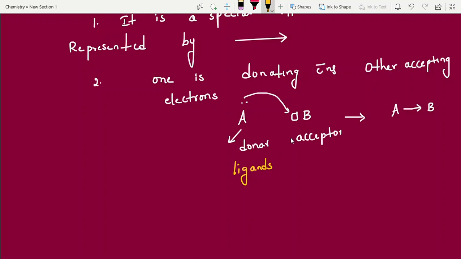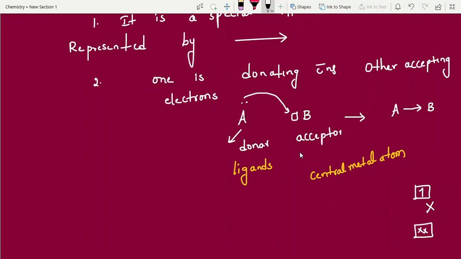Ligands only donate electrons, and acceptors are the central metal atoms. Clear? The one having a vacant orbital is the one that accepts electrons, two electrons. If you provide a partially filled orbital, it will not take. So always provide a vacant orbital, then it accepts the donated electrons.